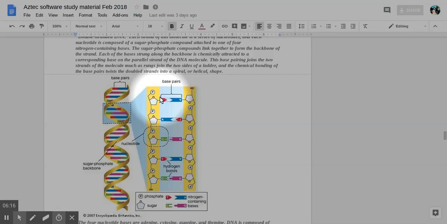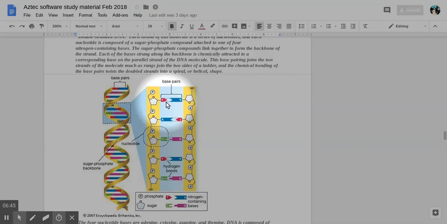Each of the bases strung along the backbone is chemically attracted to a corresponding base on the parallel strand of the DNA molecule. This base pairing joins the two strands of the molecule, much as rungs join the two sides of a ladder, and the chemical bonding of the base pairs twists the double strand into a spiral or helical shape.